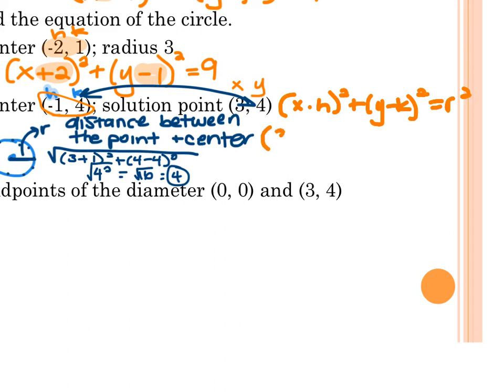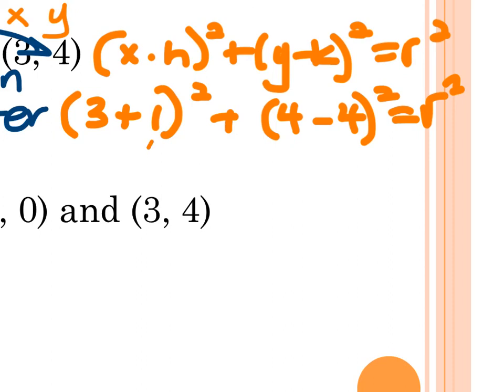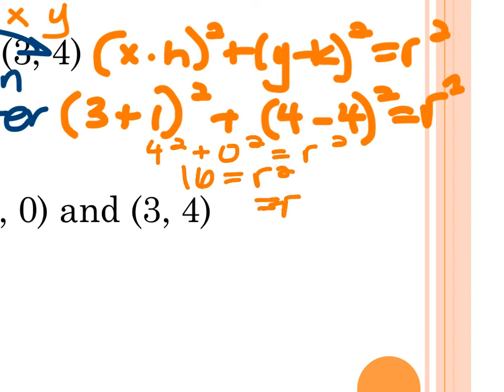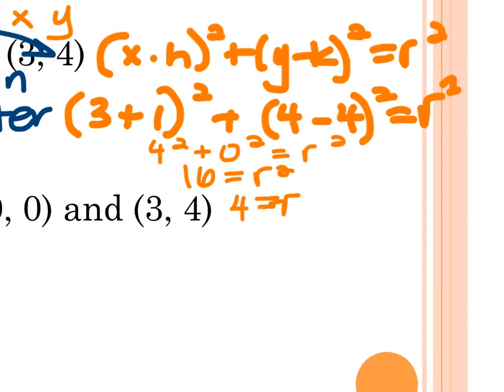So my x is 3, my h is a -1, 3 minus a -1 would become plus 1. y is 4, k is 4, equals r squared. And then I would simplify this, so 4 squared plus 0 squared equals r squared. 16 equals r squared, which makes r, technically it's plus or minus 4, but because we're talking about a distance, it's always going to be positive, so it's 4.